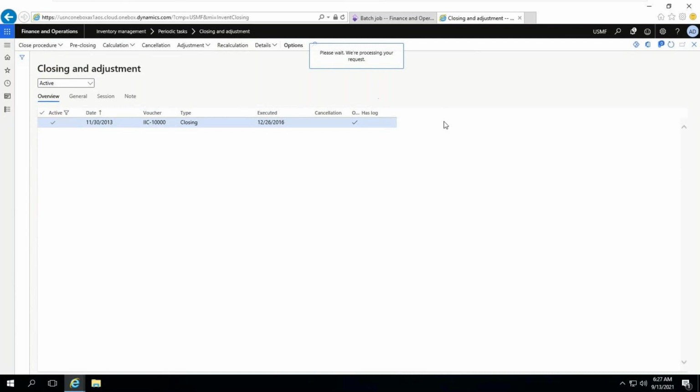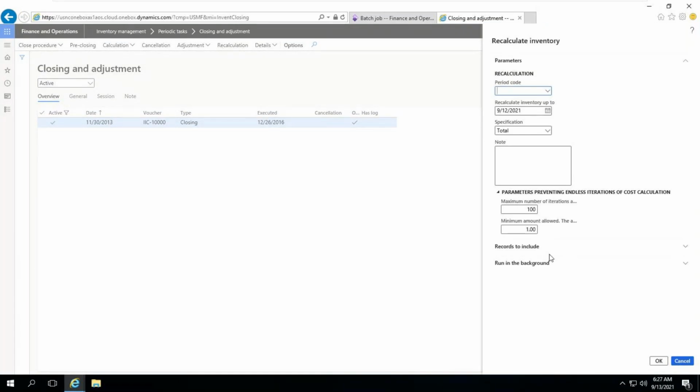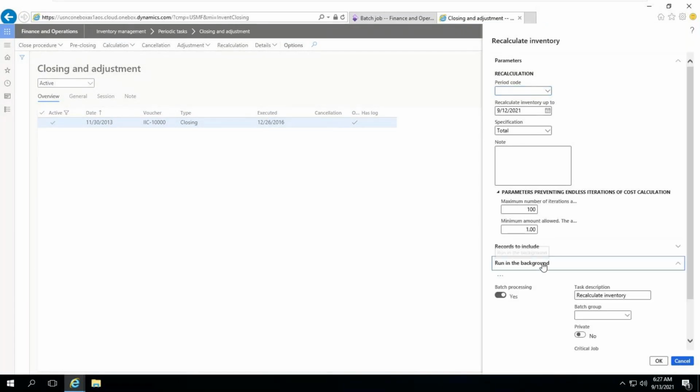In this recalculation, I can map scheduling a batch. In D365 version 10.0, when I was working with 10.01, 10.02, 10.05, the performance was very fast. Now it is slowly decreasing a lot. Look at this one batch job, you can map recurrence.